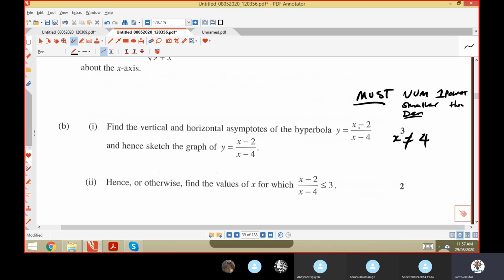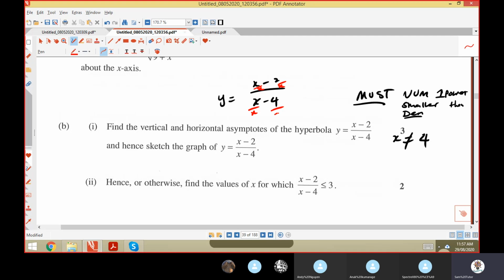So therefore what you do is you technically are meant to use polynomial division, but I'll tell you the cheat. You divide by the highest power of the denominator. Your highest pronumeral is x, so you divide everything by x.